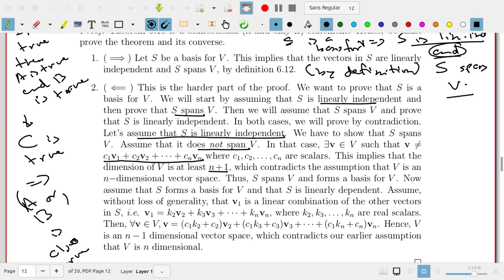So we assume that S is linearly dependent, and let's see what comes up. Assume that v1 can be expressed as a linear combination of the other vectors, because we said that S is linearly dependent. So v1 can be written as k2 v2 plus k3 v3 all the way to kn vn, where k2, k3, kn are real scalars.